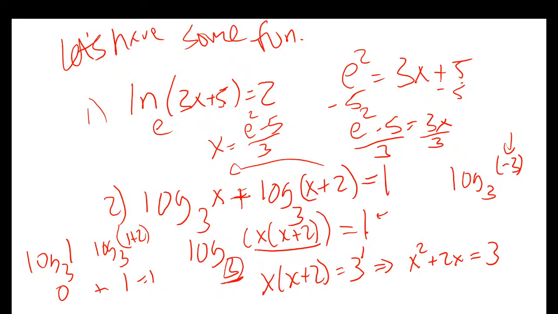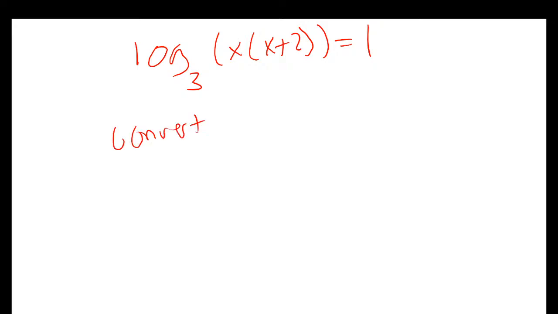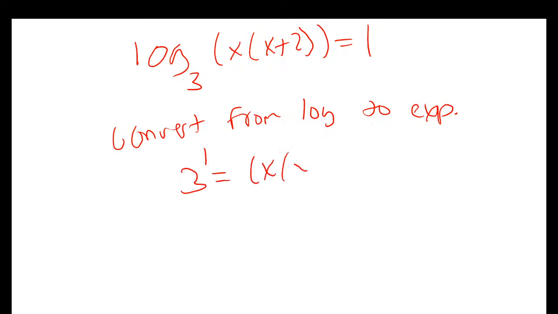So what I said, Ashley, was that log base 3 of x plus 2 is equal to 1. And then, using the rule, I'm going to convert from log to exponential. Converting from log to exponential, I'm going to say 3 to the first equals x plus 2.